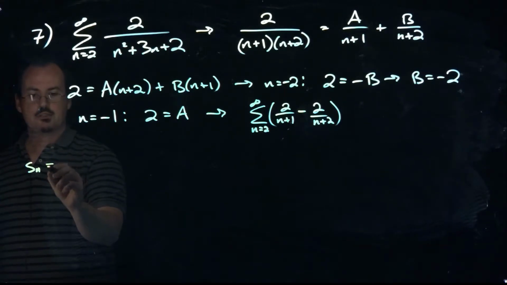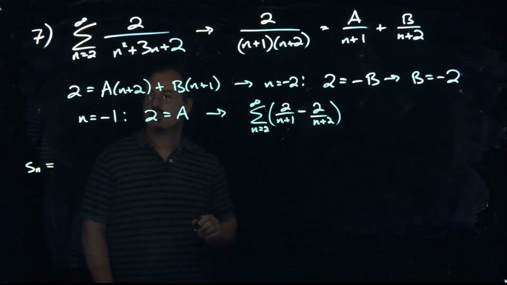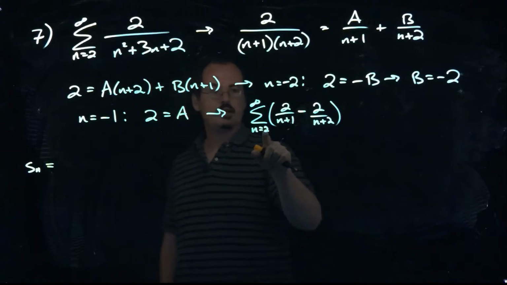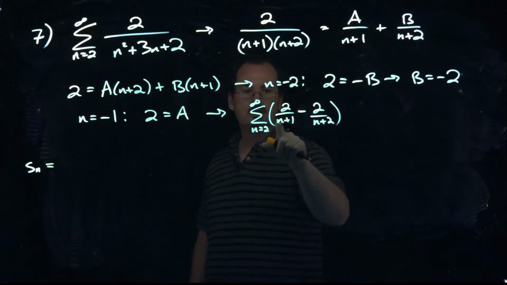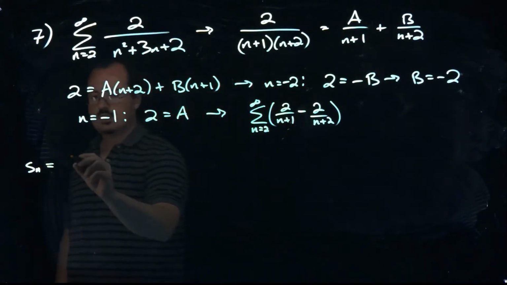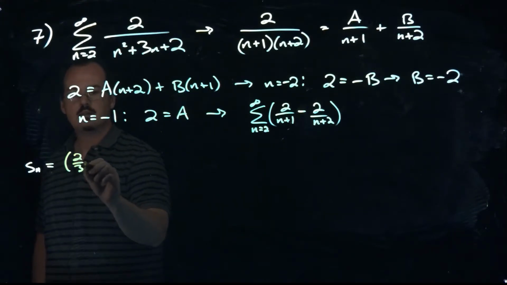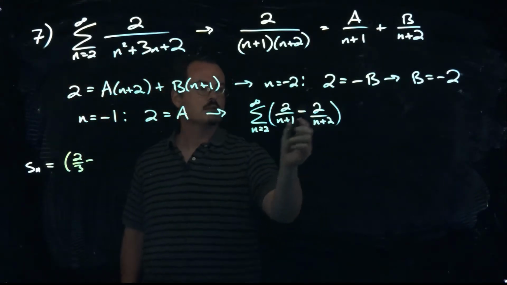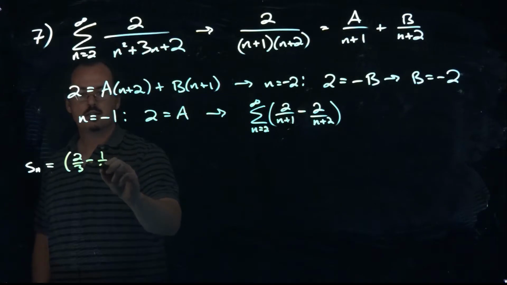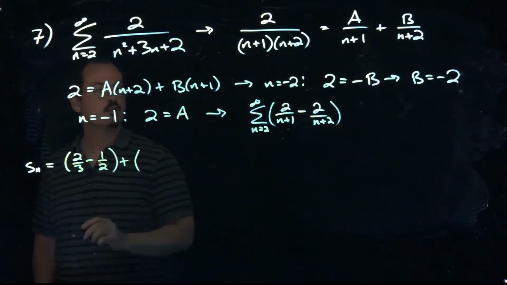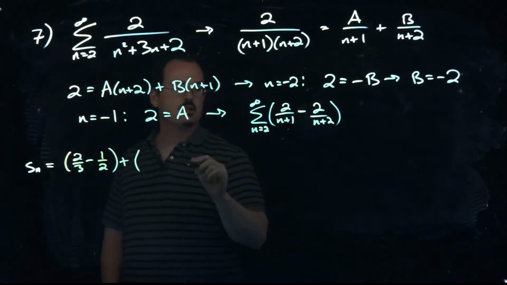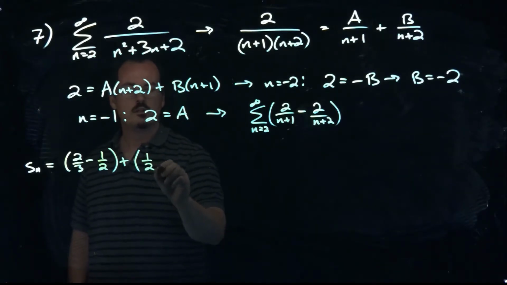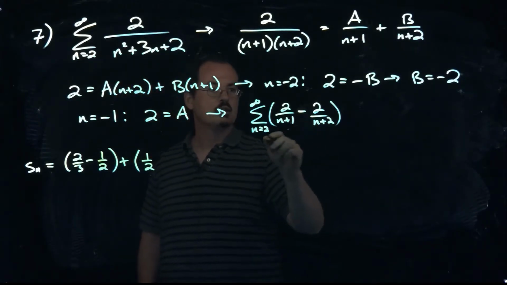So we'll go ahead and just start writing out terms of this series. We're going to start at n equals 2. If I put 2 in here, I get 2/3 minus 2/4, so that's 1/2, plus, for the second term, 3, I get 1/2 minus 2/5.